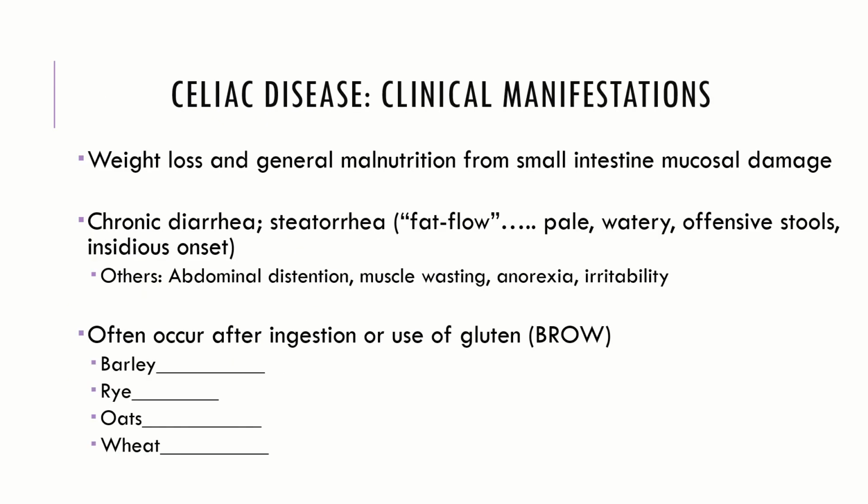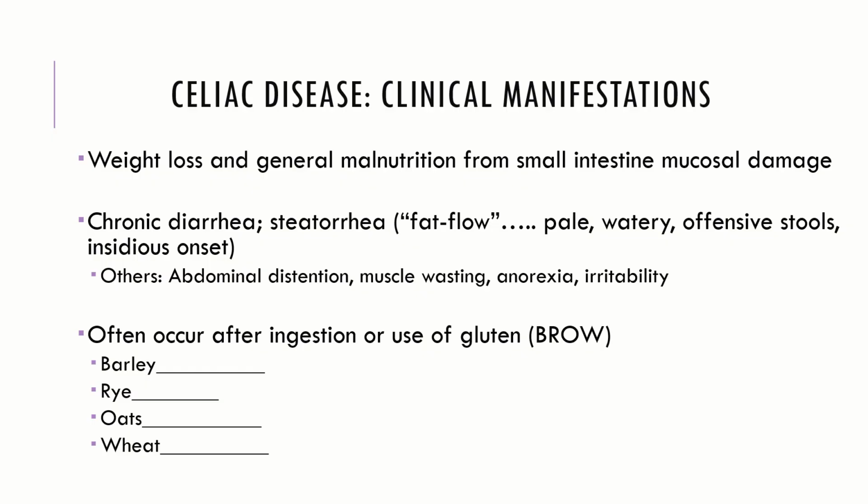So when someone is experiencing celiac disease, they're probably going to experience quite a bit of weight loss and general malnutrition from the damage that occurs in the small intestine. Because of the intolerance to these types of foods, we develop a chronic diarrhea or steatorrhea, which is like a fatty stool, usually going to be like a pale, watery, and insidious onset.